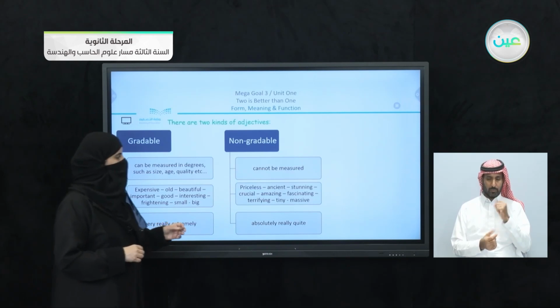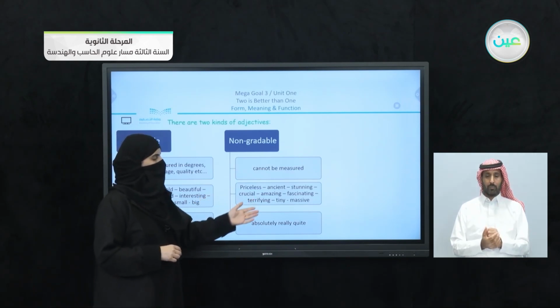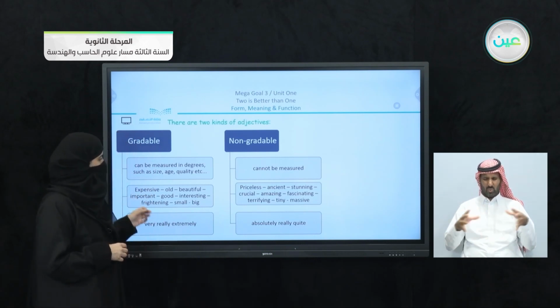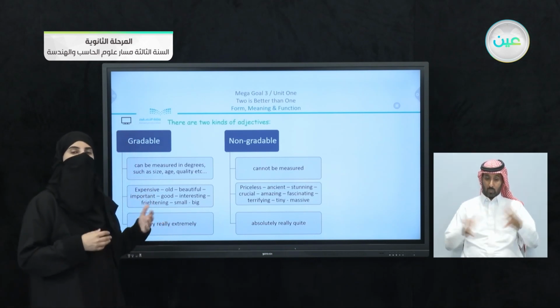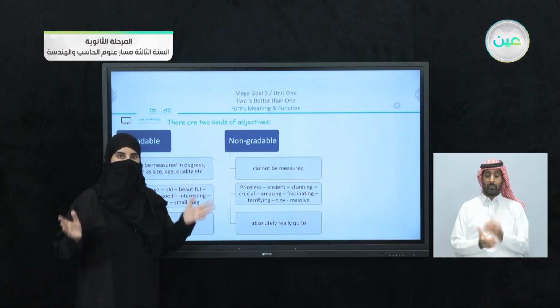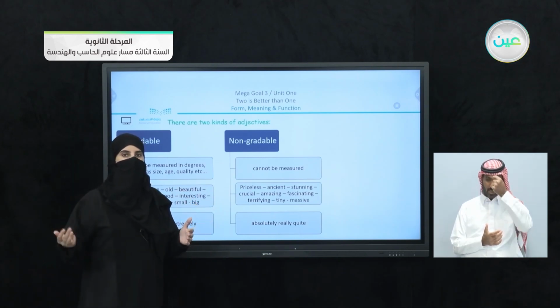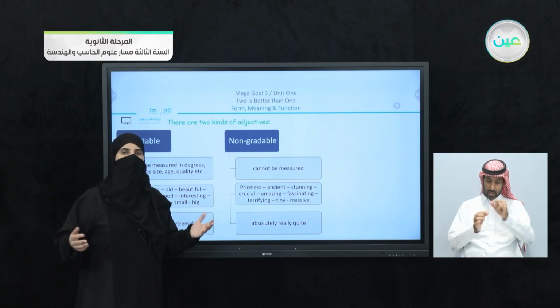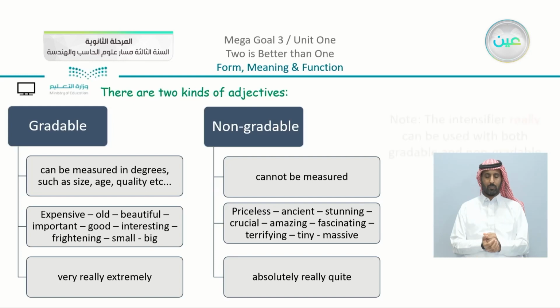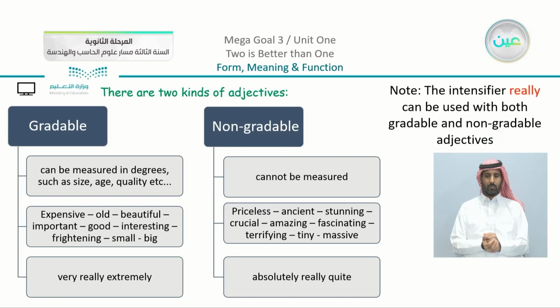I can say that the object is quite massive, but I cannot say quite big. I can say very big, and so on. So now you know that we have here different adjectives. Some are gradable, some are non-gradable, and we use different intensifiers with each type. Now note that the intensifier really can be used with both gradable and non-gradable adjectives, as I mentioned before.